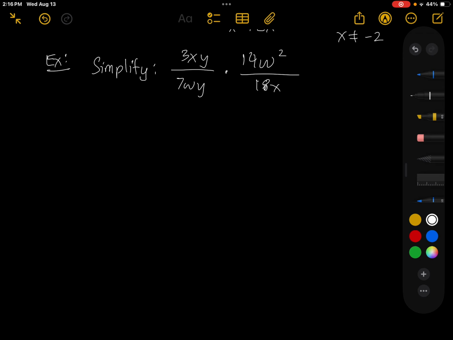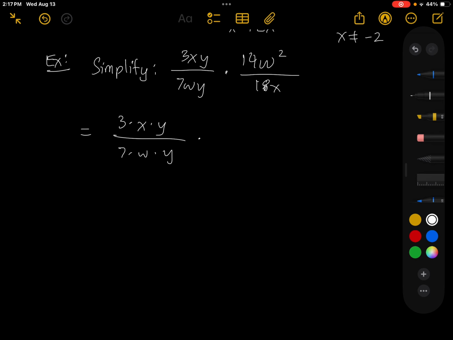Well, what I'm going to do is write each of these numerators and denominators as factored as possible. So 3xy I can just write as 3 times x times y. The denominator I can write as 7 times w times y. And then I have times 14w squared.